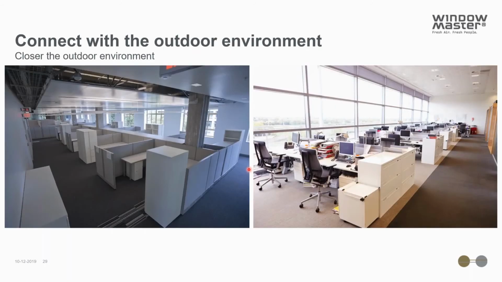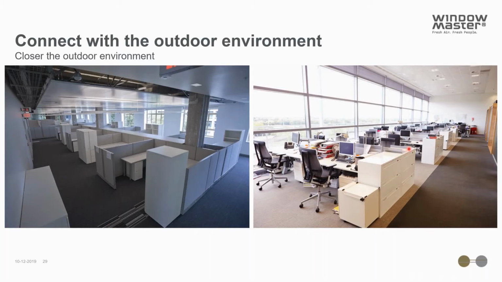To finish off, I want to discuss the general importance of locating the occupants closer to the outdoor perimeter. As you can see from these office examples, there's a big difference in the layout. And it's not only important in relation to natural ventilation.